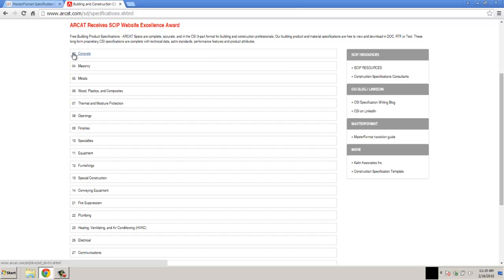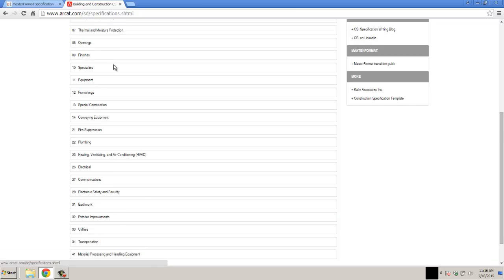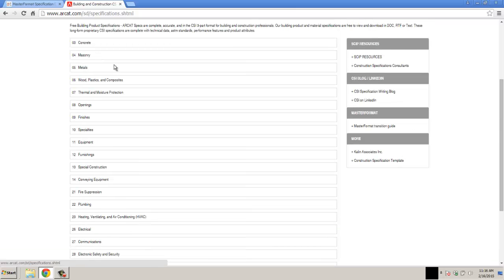When we actually get into material, we start in section 3, which is concrete. We go all the way down to section 41, which is material processing and handling. We've got transportation, earthwork, and site work. Those used to be at the beginning, now they're at the end. Electrical, communications, furnishings, equipment, openings, wood and plastic.